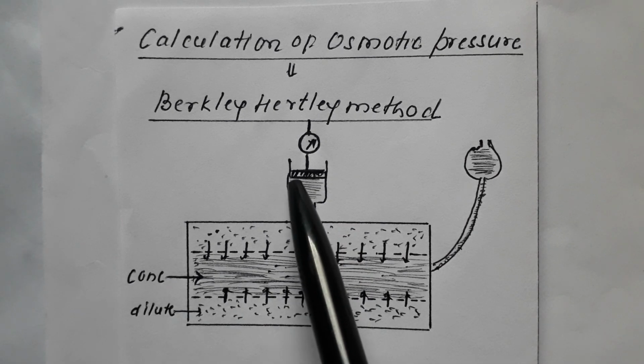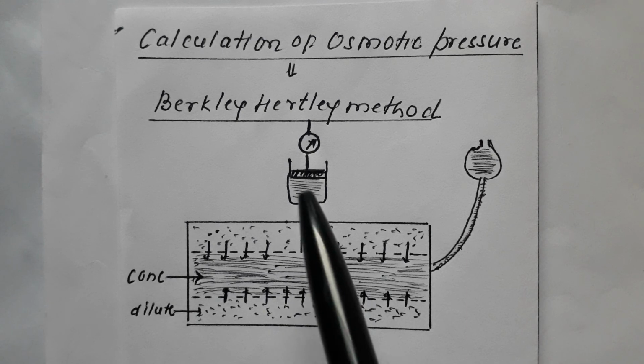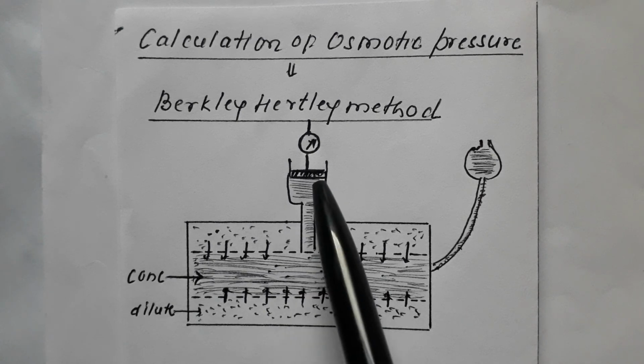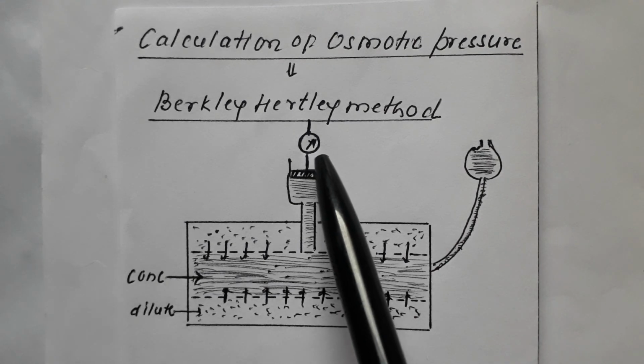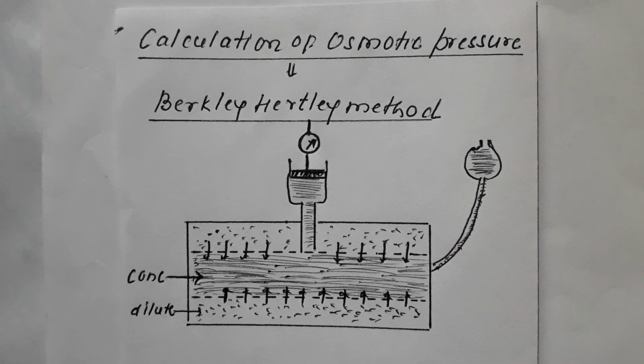Now, in order to prevent this increase in volume or rise in the piston, some pressure needs to be applied. Because of this movement of solvent particles from outside to inside, that is, due to osmosis, some osmotic pressure is exerted on the concentrated solution. This is the internal pressure.